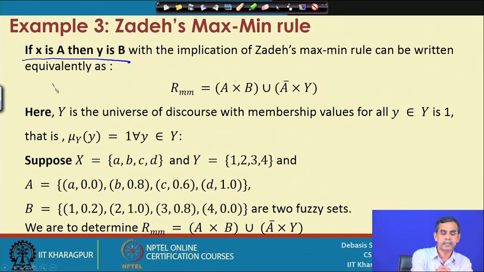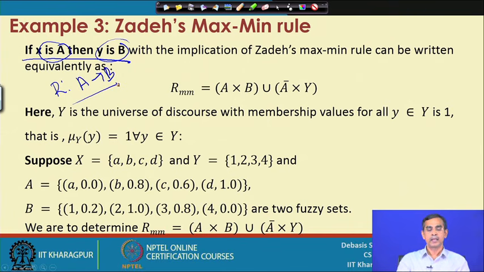This also can be said to be R from A to B, where this is a proposition related to A and a proposition related to B. So, this is the rule R_AB. So far as the relation matrix is concerned, this can be better expressed in the form A cross B union A complement cross Y, where Y is the universe of discourse for the set B, and A is a fuzzy set, B is another fuzzy set.